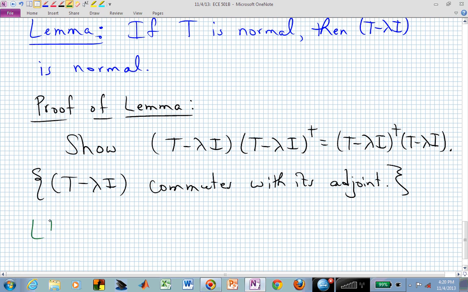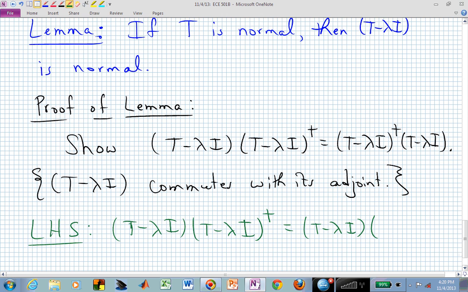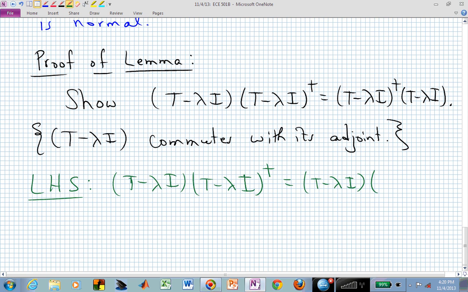So let's start with the left-hand side of that equality. That's T minus lambda I times T minus lambda I adjoint, which is one of the reasons why I went through that earlier result of adjoining some operators.